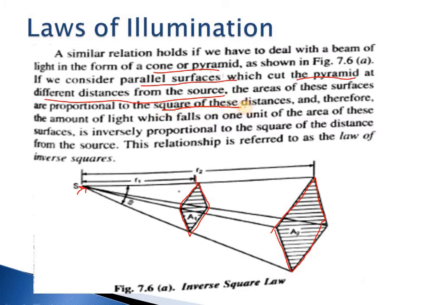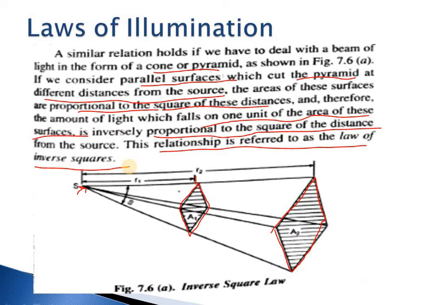Therefore the amount of light which falls on one unit of area of these surfaces is inversely proportional to the square of the distance. This relationship is referred to as the law of inverse square.